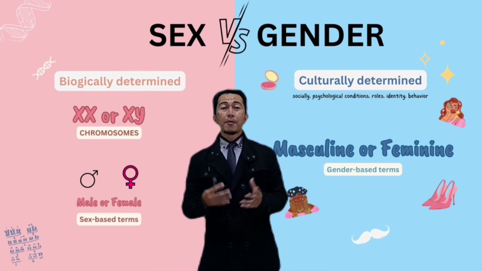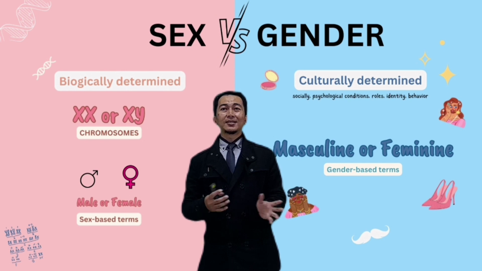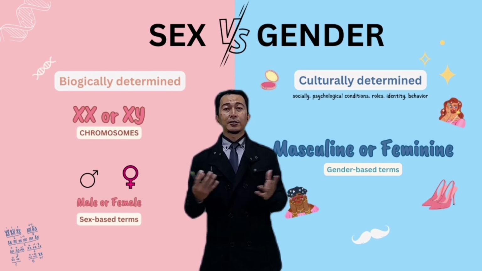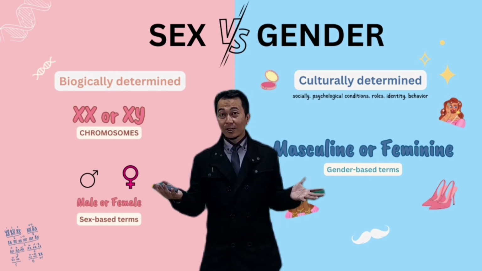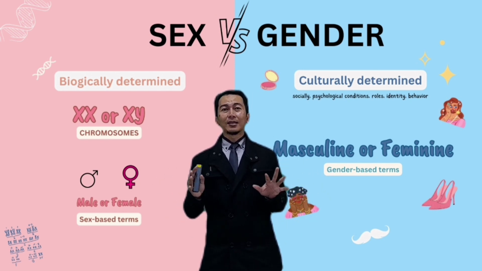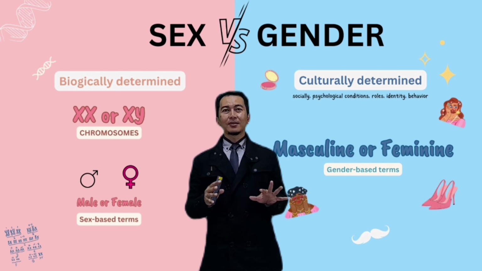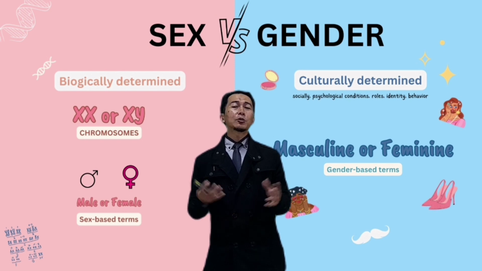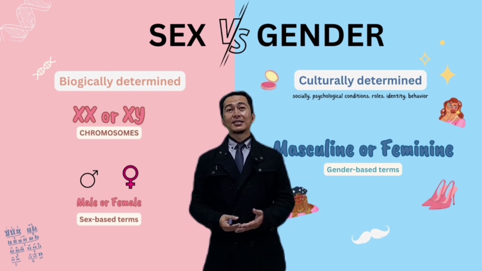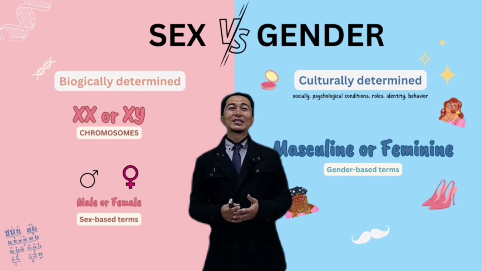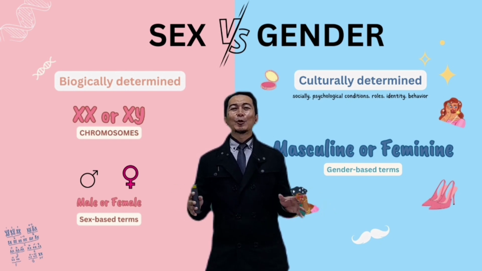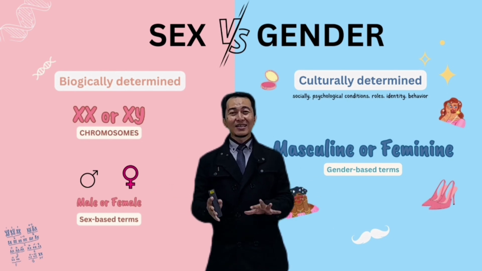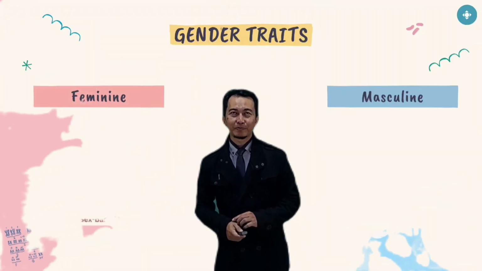In gender, we have masculine and feminine. This is called gender-based terms. Since you are English literature students at university level, you should differentiate whether this is male and female, sex-based terms, and this is masculine and feminine. You could find someone who is male but feminine, or female but masculine. So in advertising, we will know whether this is male or female, masculine or feminine.